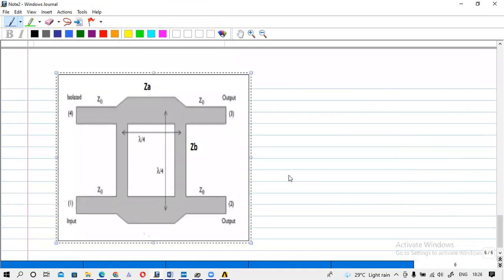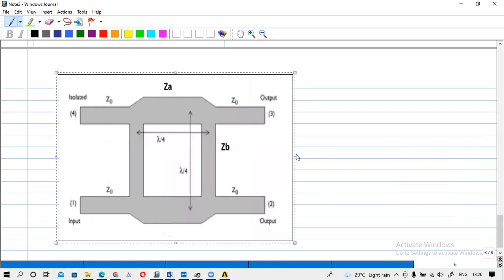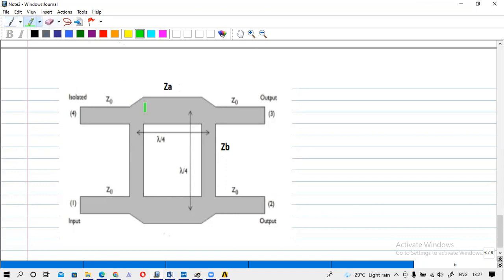So this is the branch line coupler. You can see that now we have already completed these parts, this section, these sections are already completed.